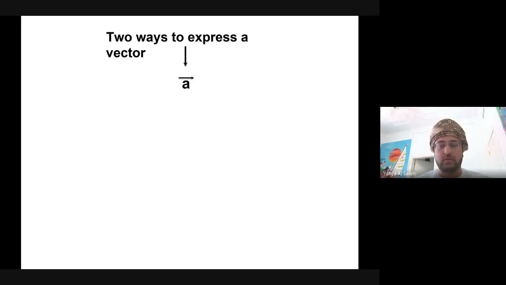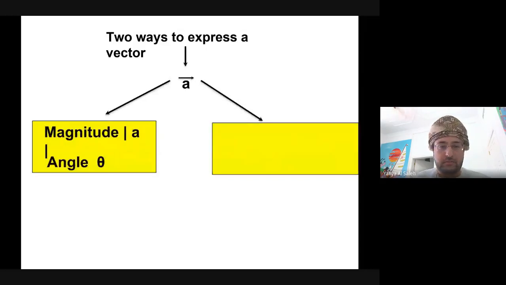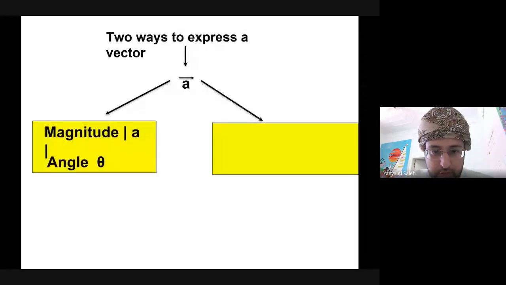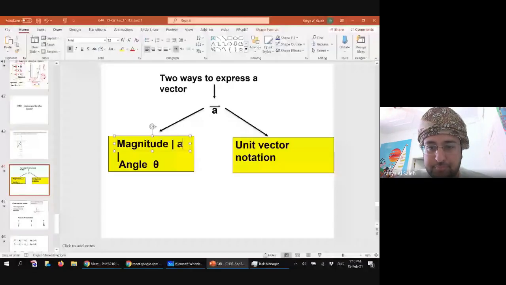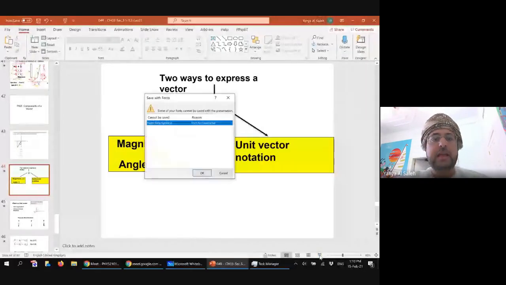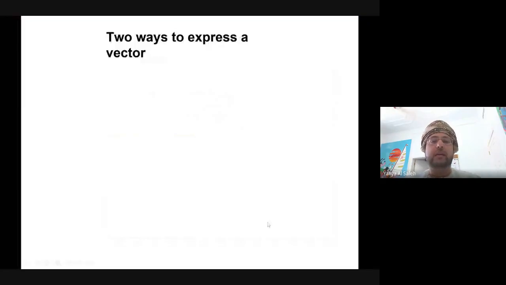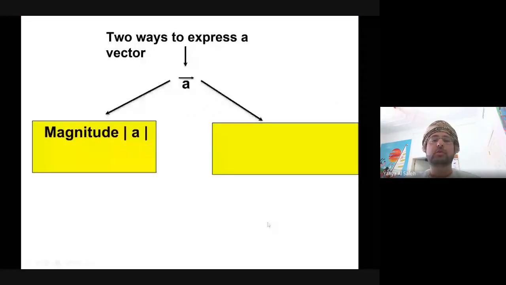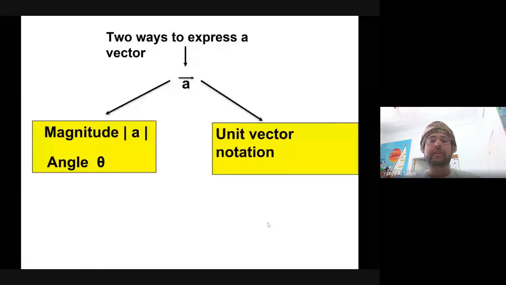This is vector A. I can either use the magnitude and angle, or I can use what we call the unit vector notation.